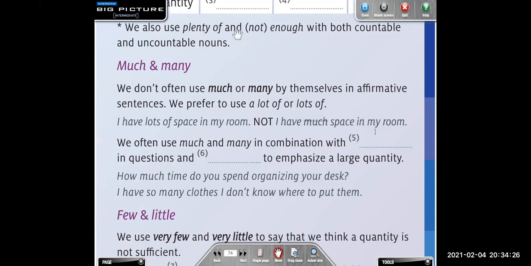Okay. How many or how much we say, right? And in questions. And para enfatizar, ¿qué decimos? Too, right? Or so. En este caso, para que no sea negativo, decimos so many. Okay?